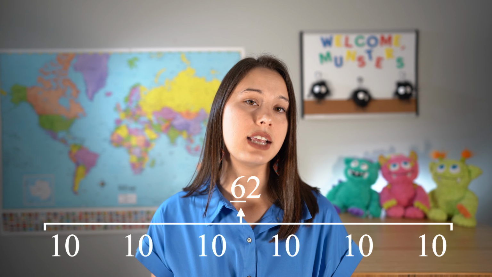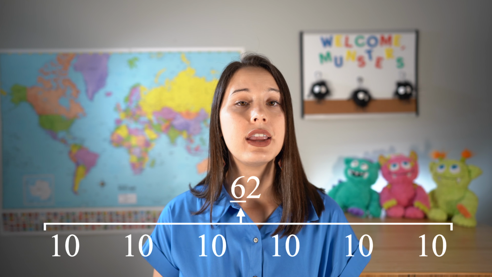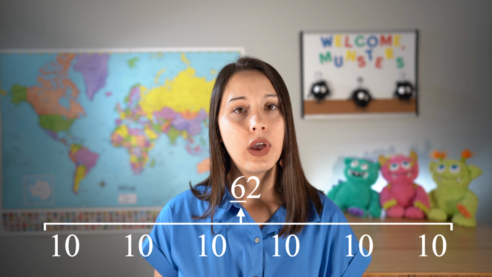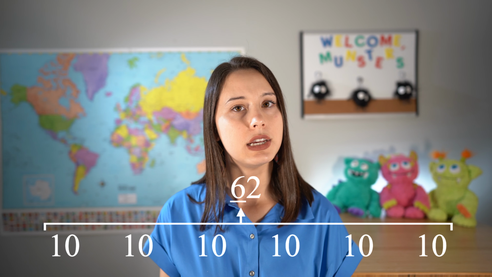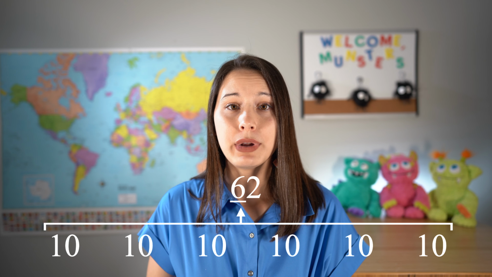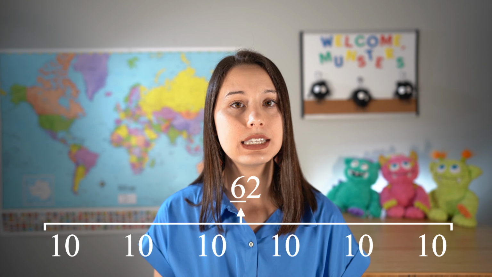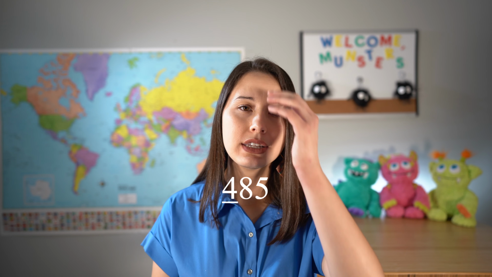And 6 tens is the same as 60. So looking at the number 62, if I'm trying to figure out what really is the value of the 6, well, that's telling me when I read it that I have 6 tens. Our next example is 485. And so we want to say, what is the value of the 4?